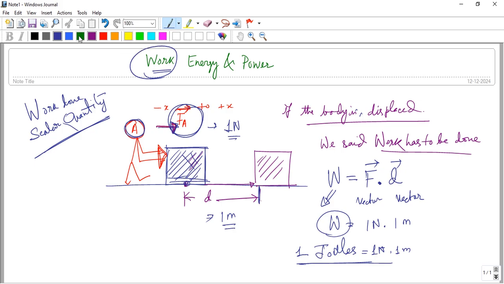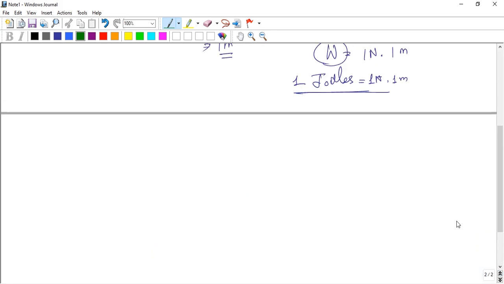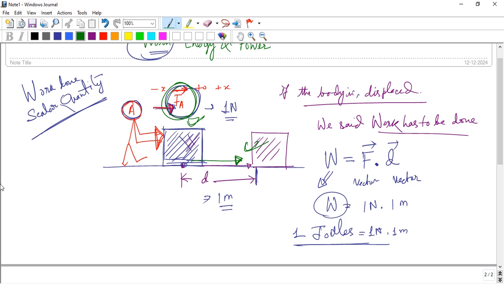If the body is displaced in the plus x direction, left to right, and the applied force is also in the same direction, there is a key point here, on the next page, top of the page.